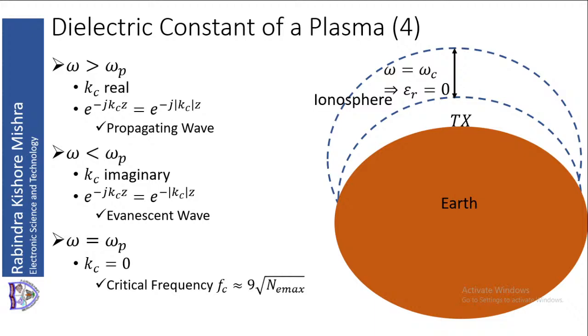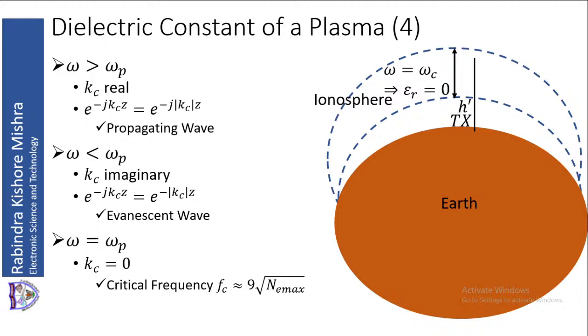So you transmit a radio wave from the surface of the Earth vertically upward. It will go into the ionosphere up to a certain distance. When it meets Ne max, it will get reflected back towards the Earth. So when it comes back towards the Earth, that height from the surface of the Earth is called the virtual height.